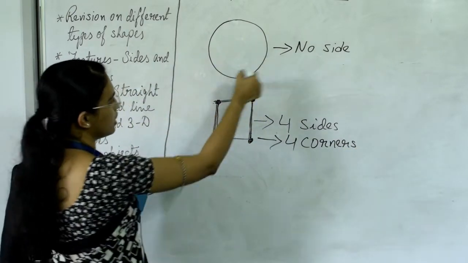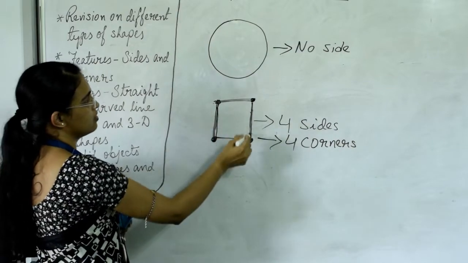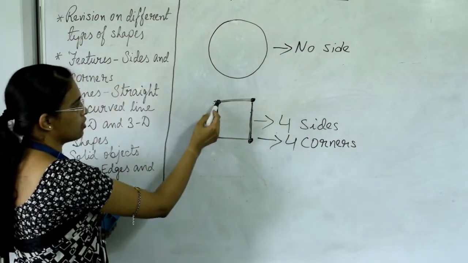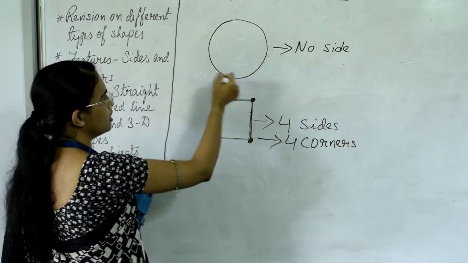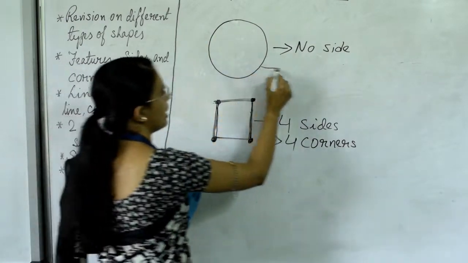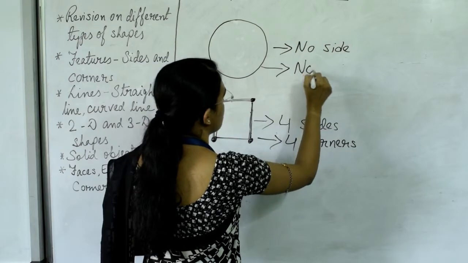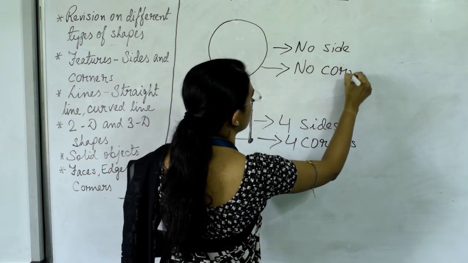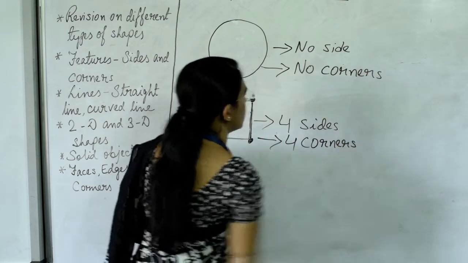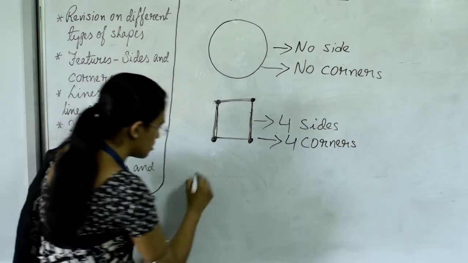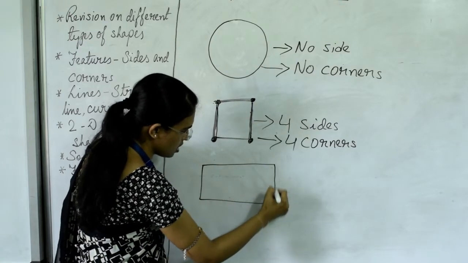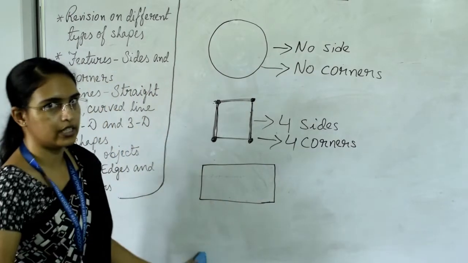Now in circle, can you find these lines? No, there is no line, right? And is there any corner in circle? No. That means circle has neither sides nor corners. Okay. Now which shape is this? This is rectangle.